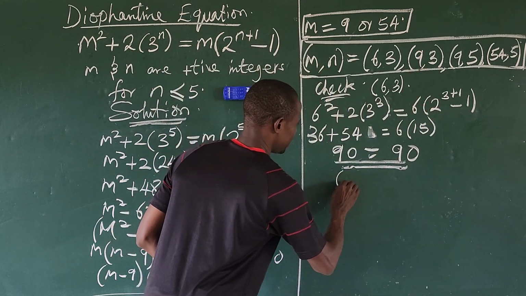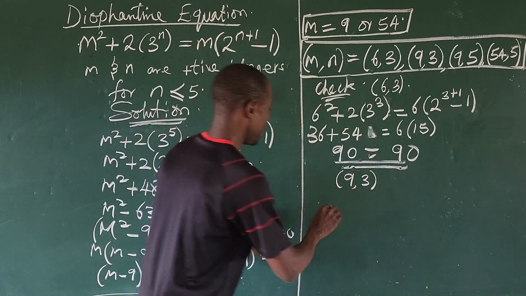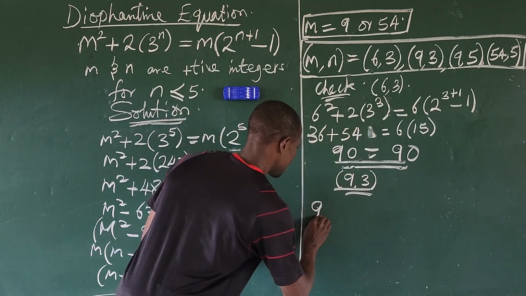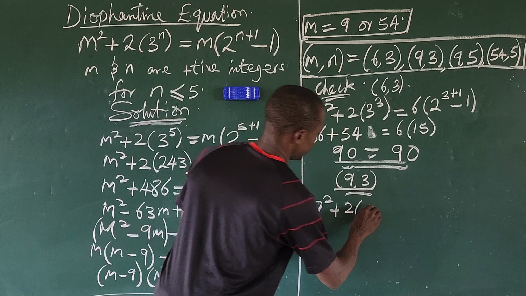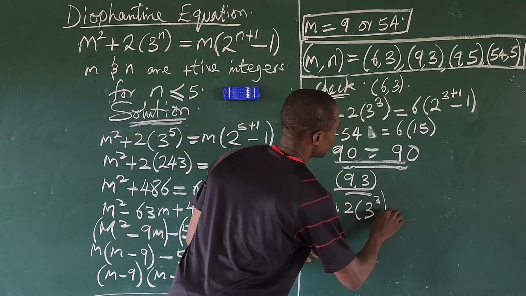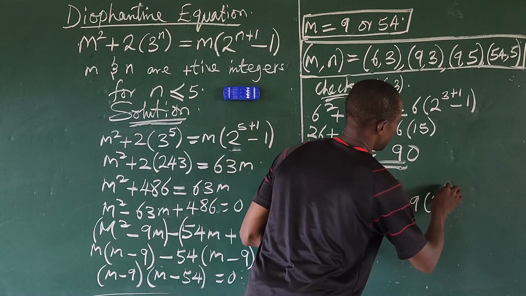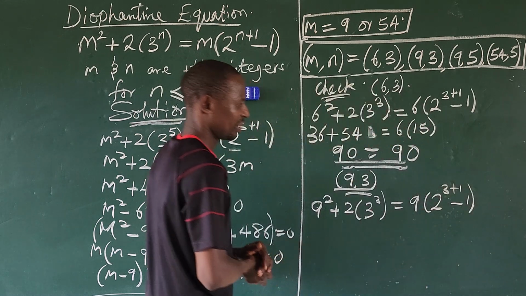So for m equals 9 and n equals 3, we take our equation again. Here it will give us 9 to the power of 2, then plus 2 times 3 to the power of 3, equal to 9 times (2 to the power of 3 plus 1, minus 1).